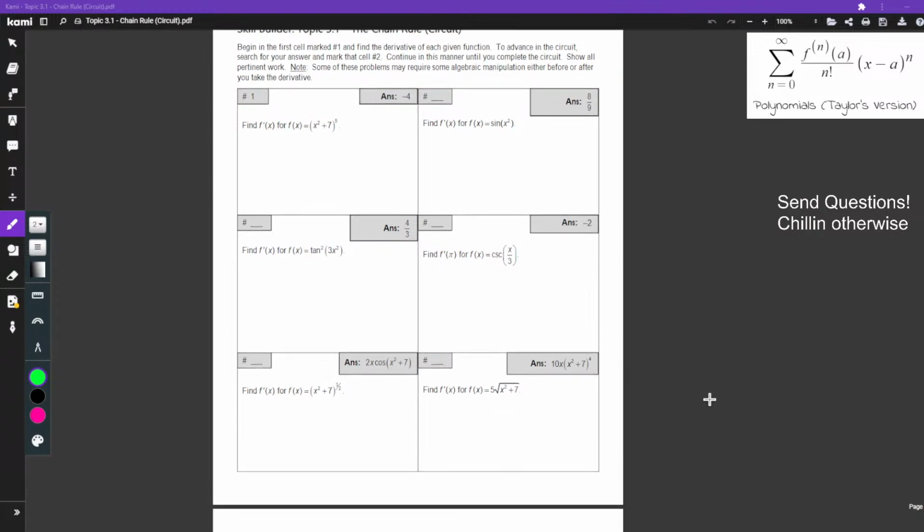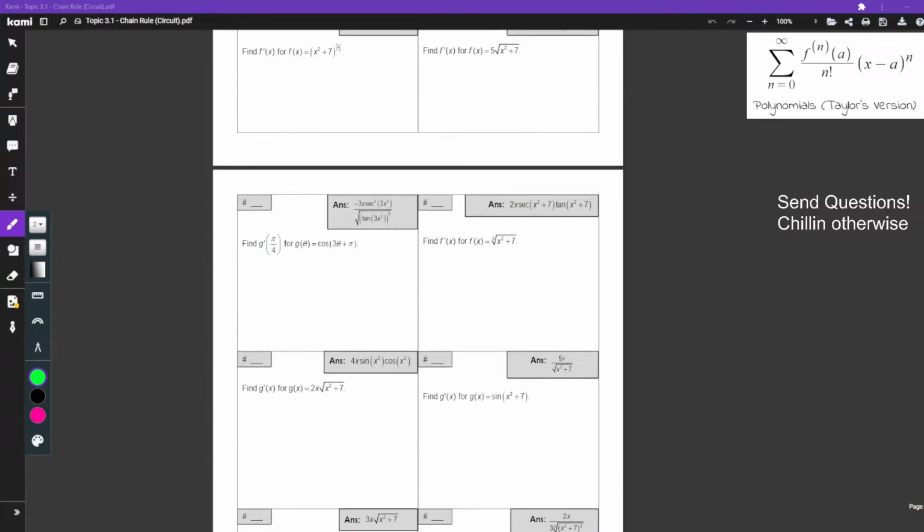E? Which one's 18? Give me a sec. Let's see. Skill builders. Interesting.